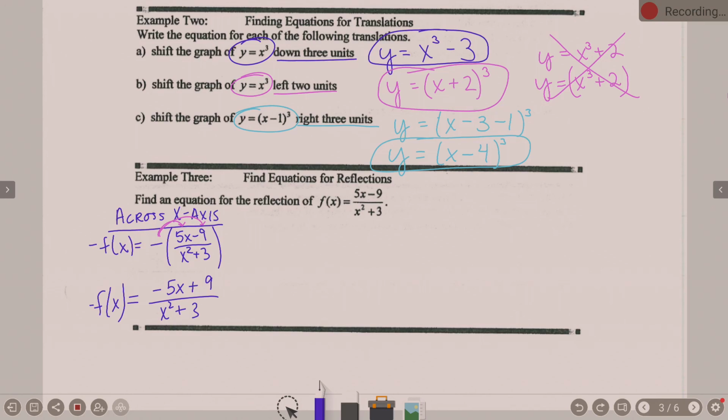The key is what you cannot do is multiply both top and bottom by a negative. Because if you multiply both the top and bottom by a negative, a negative over a negative is a positive, and you have just multiplied by a positive.